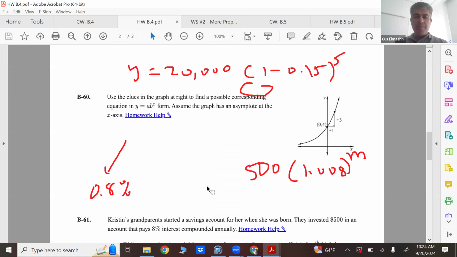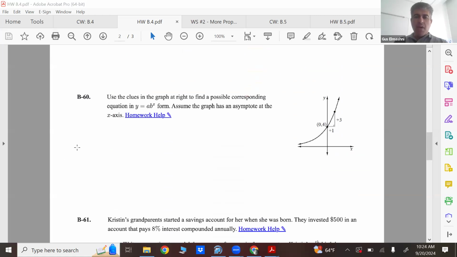Okay, for 60. There's a problem kind of like 6 in the homework quiz, but it's a little different. I'll explain in a moment. But what's the initial value here, guys? What's your a value? Okay, and then you have another point at 1 comma 7.